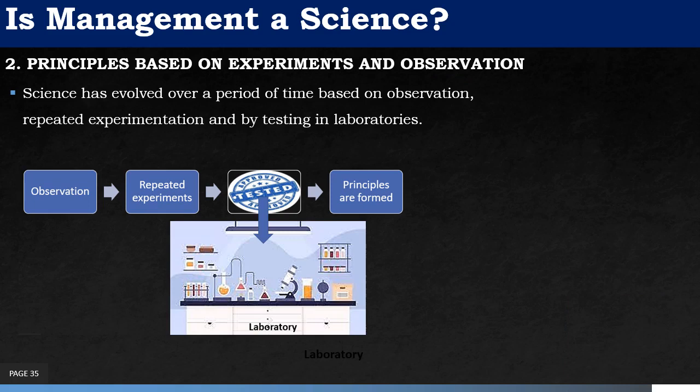Science has evolved over a period of time based on observation, repeated experimentation, and testing in laboratories. Principles like Newton's law of motion and the universal law of gravitation, we are not going deep into that, but these have evolved over a period of time.